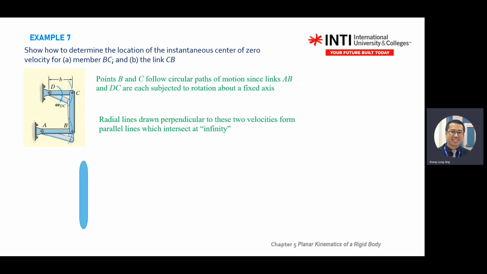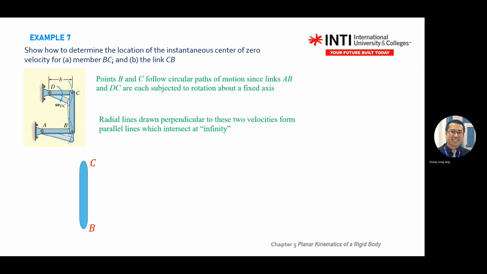You draw the focus body, in this case CB. Mark the points. Where is the velocity pointing for C? Point up or down? Or point left or right? It goes down because omega DC goes this way. Velocity goes down. What about B? B's velocity goes down as well.